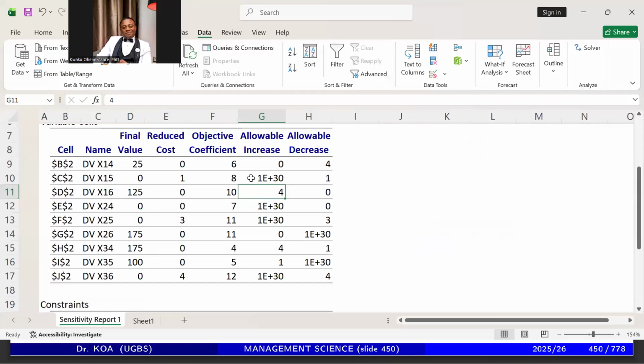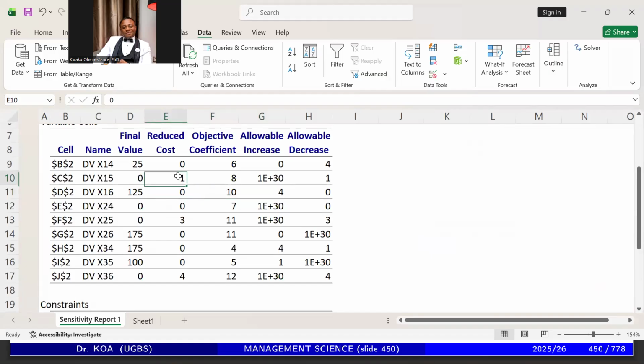For example, if you check very carefully, the reduced cost for the first one, which is Kansas City to St. Louis, is 0. Okay. The reduced cost, sorry, is 1.